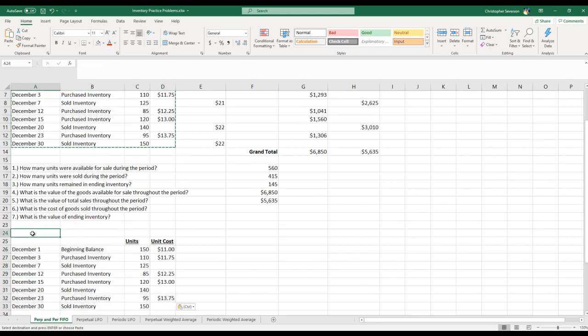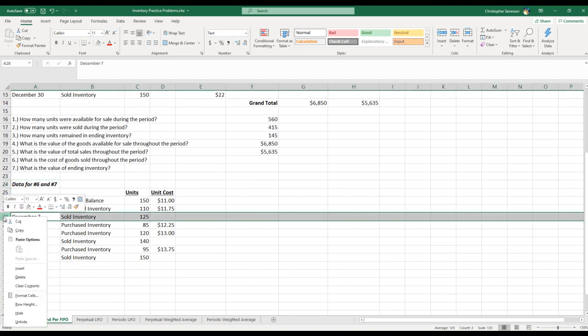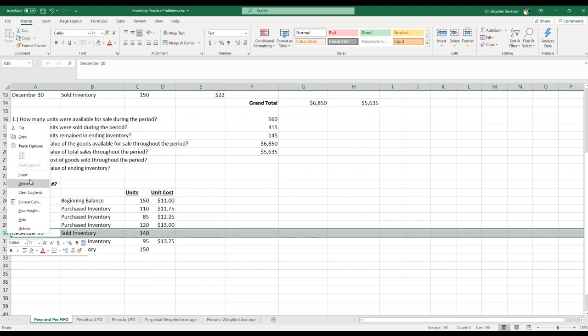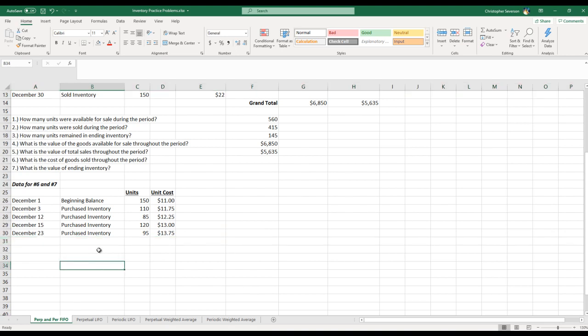And again, this is basically for number 6 and number 7. This is the data that we're starting with. Now, by the way, we don't need the sales here. We just need to know the layers of inventory we have available for us. Because what we're going to see is that this is basically the inventory that we're using up.